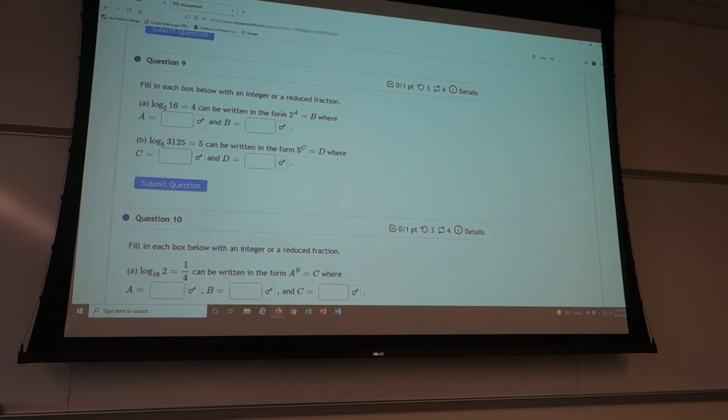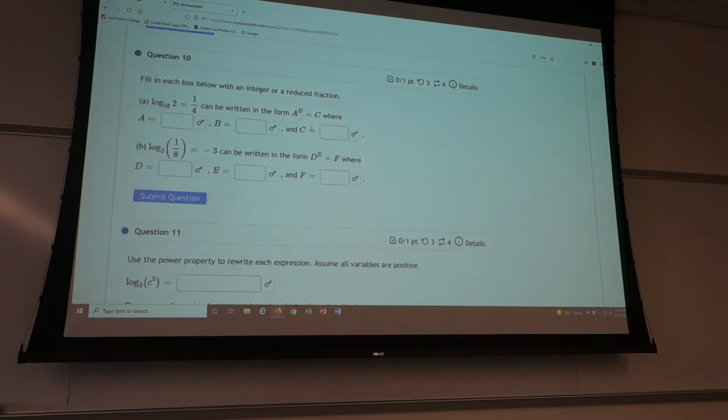And then here, all you're doing is showing which pieces are which. You know which one's the base, this is the base. You know which one's the answer, this is the answer. You know which one's the exponent, this is the exponent. It's proving you know where those pieces go.